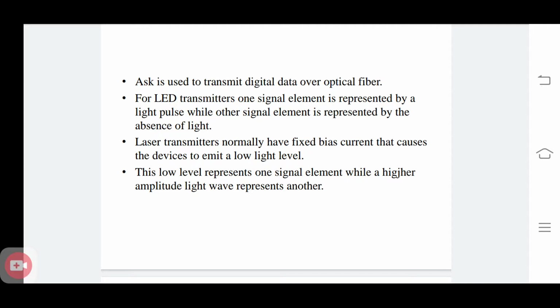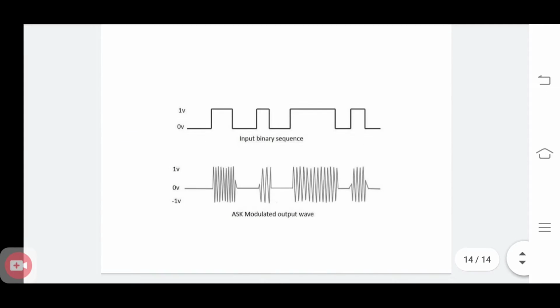So how is it represented? This is the representation of the ASK modulated output wave. We have a 0 voltage and a 1 voltage, that is the binary data. For 0 voltage we are using a 0 amplitude, and for 1 voltage we are using some carrier frequency there, you can see. Next you can see a 0, so it's an absence of amplitude, and we have a 1, so it's represented by a small carrier frequency amplitude.